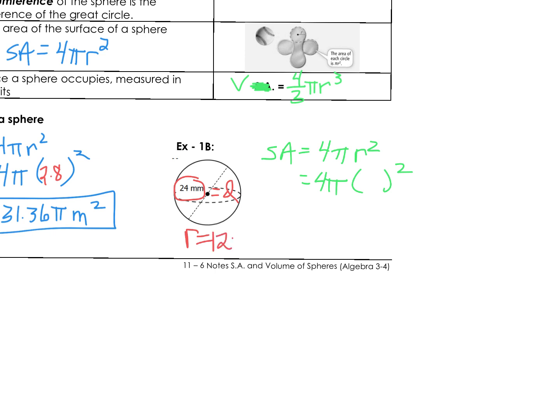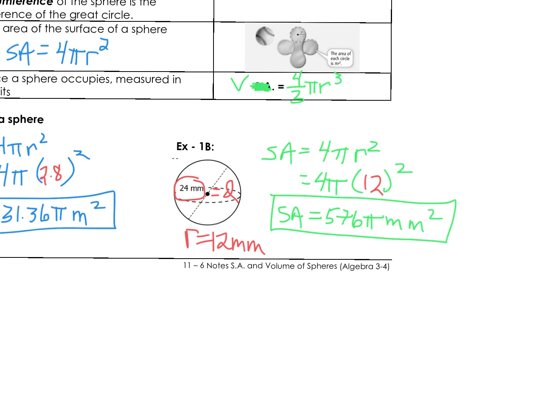The radius is 12 millimeters, so we put 12 in here. 12 squared is 144, and then I multiply that by 4, and so I get a total surface area of 576 pi millimeters squared.